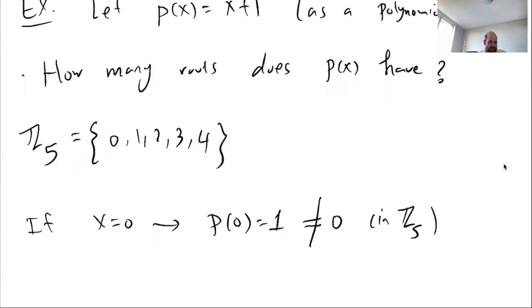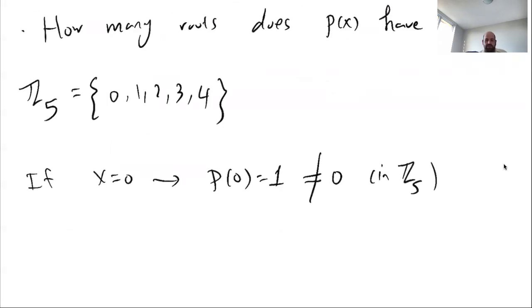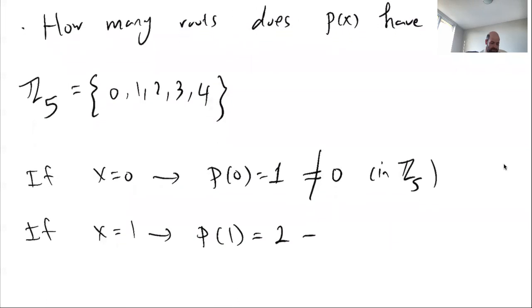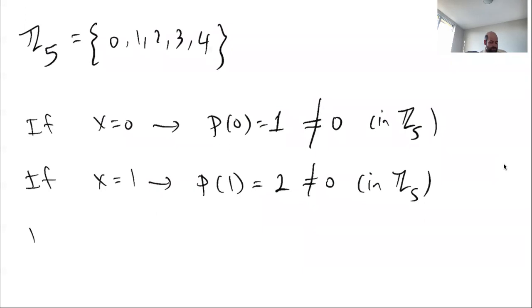So these two are not equal, therefore 0 is not a root. Now let's check the next number. If x equals 1, p of 1 is 1 squared plus 1, which is 2. 2 is also not equal to 0 in Z5 because 2 is not congruent to 0 mod 5.